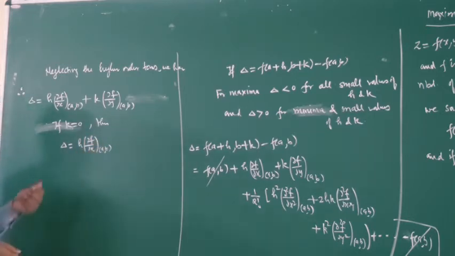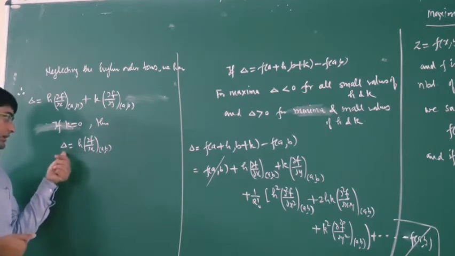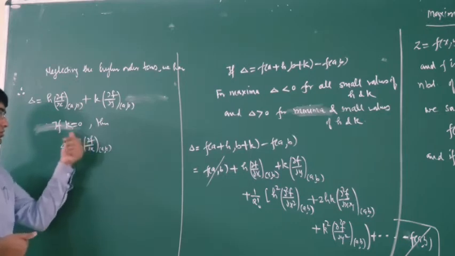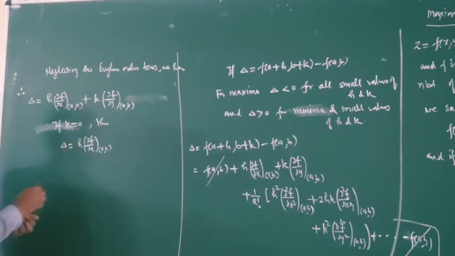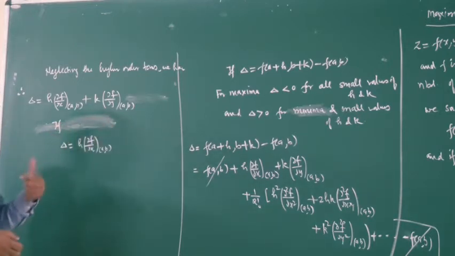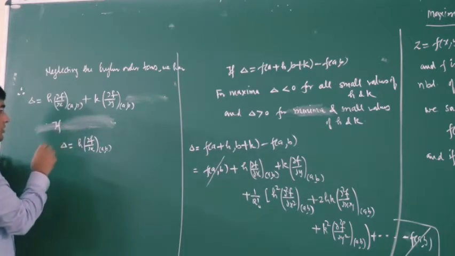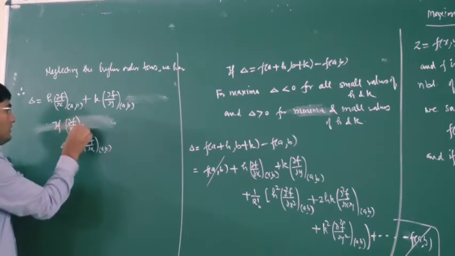Now you can see that here our delta will depend on h. So let us assume that del f upon del y at (a, b) equal to 0.